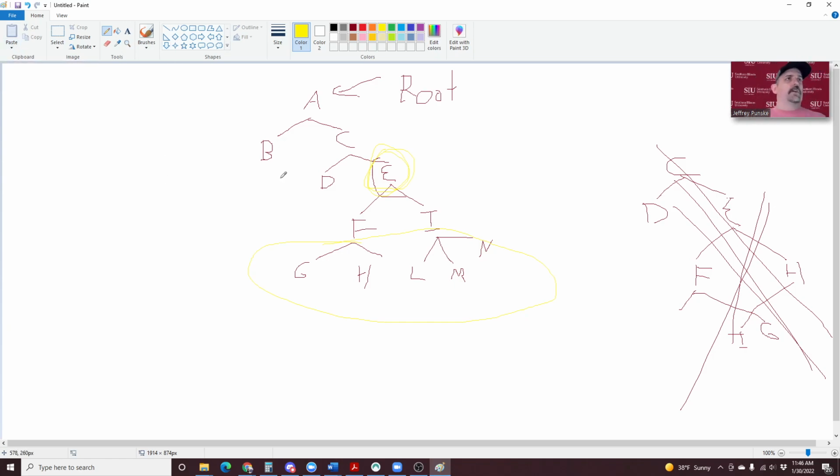So, for instance, our nodes D and E, they are sisters because they share the mother C. Our nodes L, M, and N are all sisters because they share the mother I. Same with our nodes G and H. They share the mother F. So that is our sisterhood relation, and we look at: do they share a mother? If they share a mother, then they are sisters.